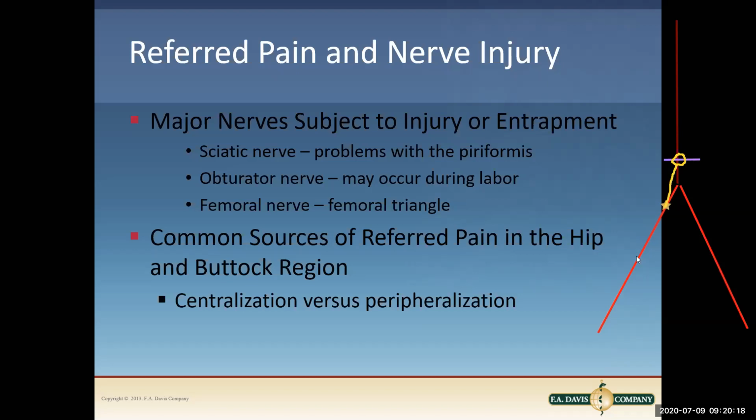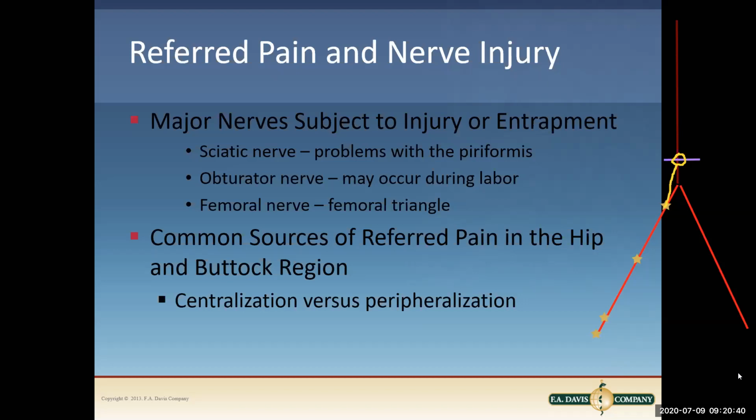So say we ignore that pain in the butt for a couple weeks. Good. Now we've got pain back here behind the knee. Now we've got pain down here in the heel. And then eventually we have it down here in the big toe. That is peripheralization of pain.